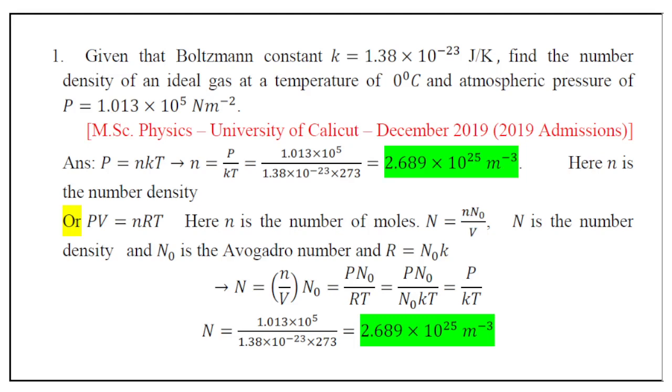So capital N is equal to small n by V into N0, where N0 is the Avogadro number. So N by V is P by RT into N0. Now R equal to N0 K. So N0 and N0 get cancelled, P by KT. We will get the same answer. So here the problem gives the value of Boltzmann's constant, and it is expected to find the result by using only the Boltzmann's constant and the given parameters.